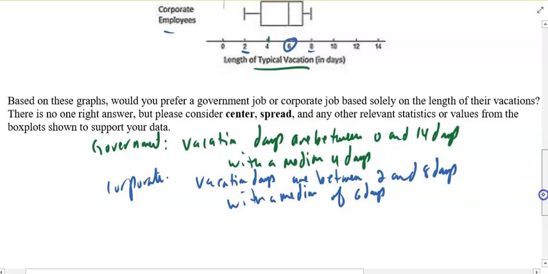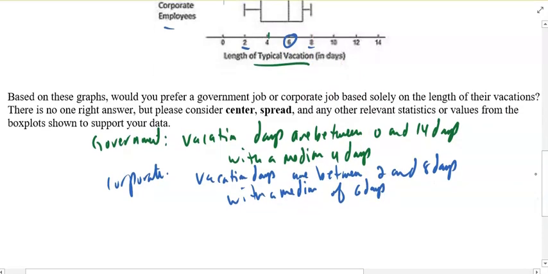Now it's asking, based on these graphs, would you prefer a government job or corporate job solely on the length of their vacation? If that's the only way you're deciding, they pay the same amount, you're just curious, what would you choose? There is no right answer, but consider the center and the spread of any other relevant statistics or values from the box plot. I would choose the corporate.